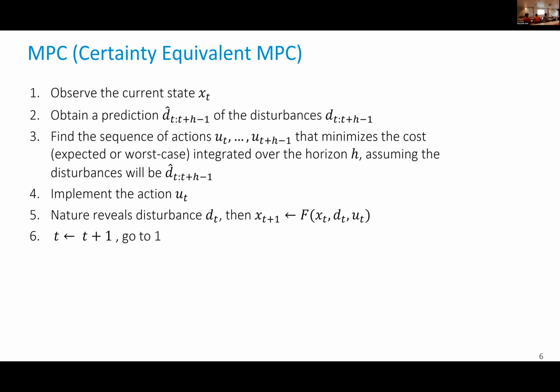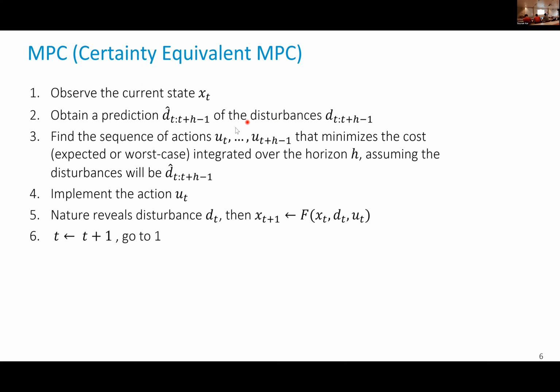Now, how does MPC work? Given this framework, we observe the current state, for example, the temperature. We need to obtain a prediction of the disturbance. That's the first important thing about MPC. MPC looks ahead in the future, so it takes a prediction. As we will see, this prediction doesn't need to be extremely accurate, but you need a prediction of the disturbance in the future.